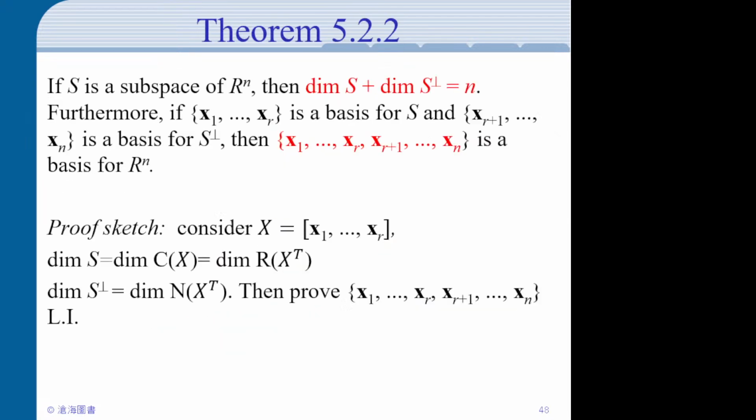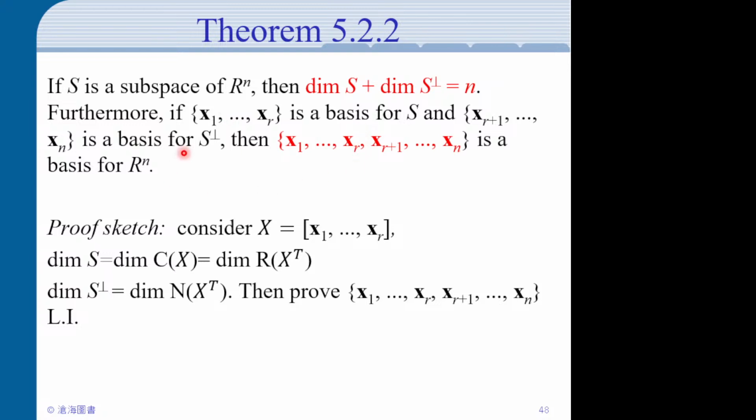Okay, that's once again a reminder of all three theorems. So orthogonal complements divide up the dimension of Rn into two parts, or kind of divide the basis into two parts.